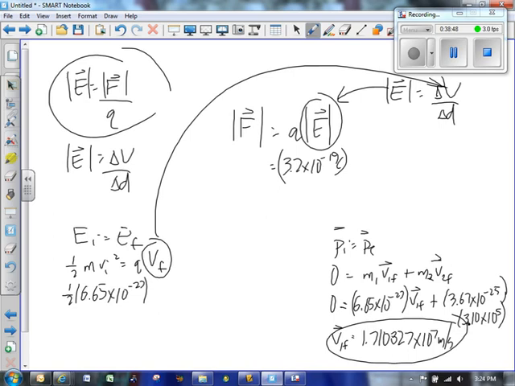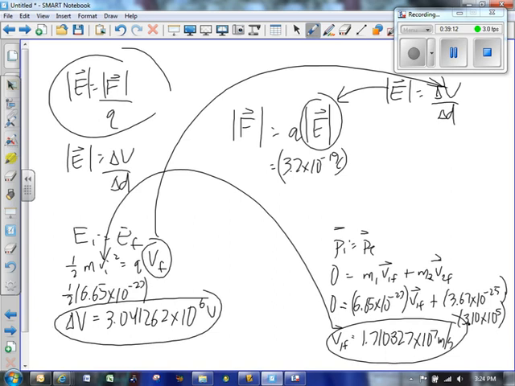Let's take that number and plug it in here. Let's solve for Vf, which is really the potential difference. It's the same thing as the potential difference. It becomes 3.041262 times 10 to the 6 volts.